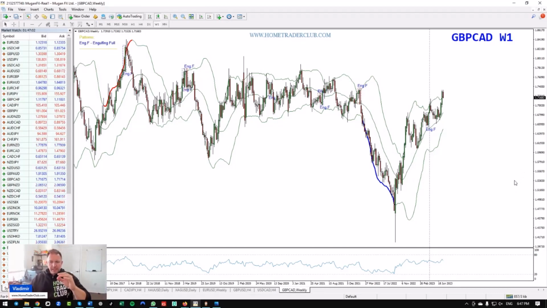But here is the method that, technically speaking, is considered one of the most reliable. First of all, the Bollinger Band itself. What you need to know about the Bollinger Band is that the price tends to move from band to band. In most of the times, what we will get is something like that, from one band to the other band, and so on.